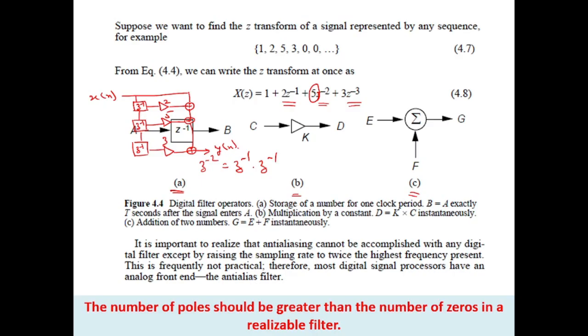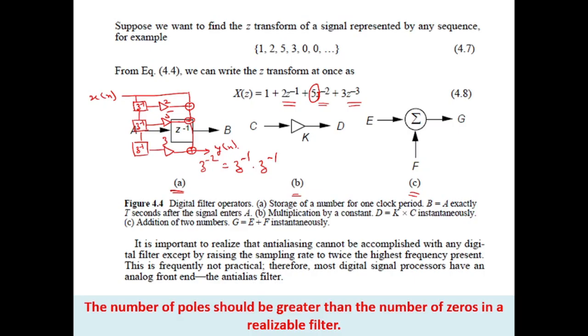One thing you need to remember: in my last classes, we have been discussing these filters. We have discussed poles and zeros, right? So you need to keep in mind that the number of poles should be greater than or equal to the number of zeros to make the filter realizable. In fact, to make a causal filter realizable.